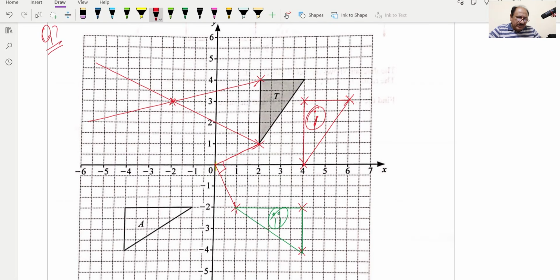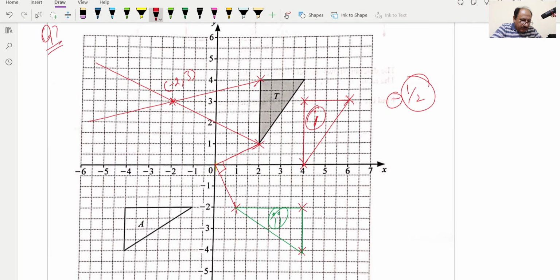Now this is basically -1/2. So 1/2 is telling us that it is reducing to half, and minus is telling us that it will be on the other side of the center, and center is (-2, 3), which we have drawn over here. So this is 3 units, so we will take 1.5 units or 3 boxes.